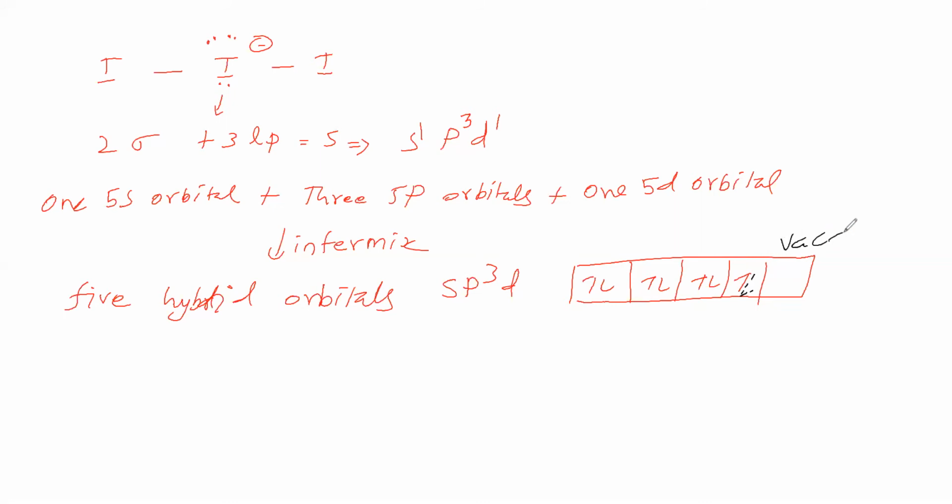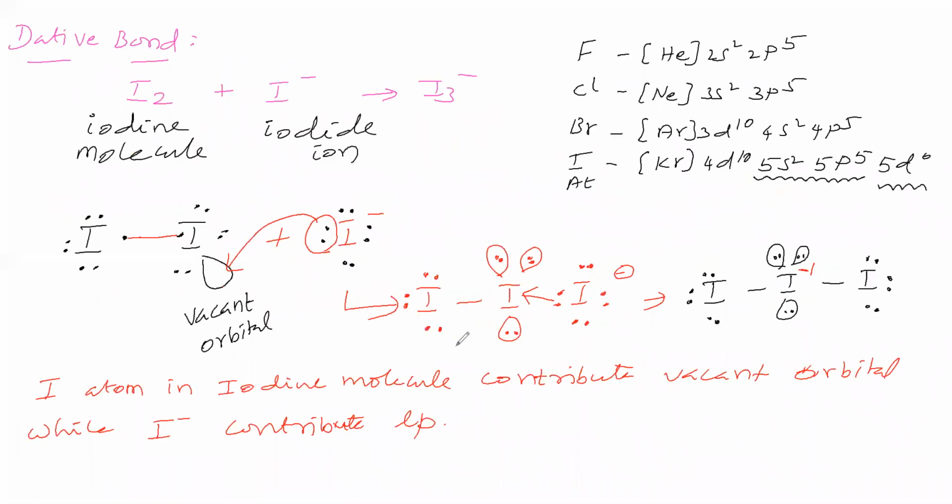This is a vacant orbital. The name of this vacant orbital is sp3d orbital. This vacant sp3d orbital, this iodine gives for dative bonding. Therefore, for the formation of this dative bond, this iodine provides the vacant sp3d orbital. Therefore, the iodine atom in the iodine molecule is contributing the sp3d vacant orbital while I minus contributes the lone pair.